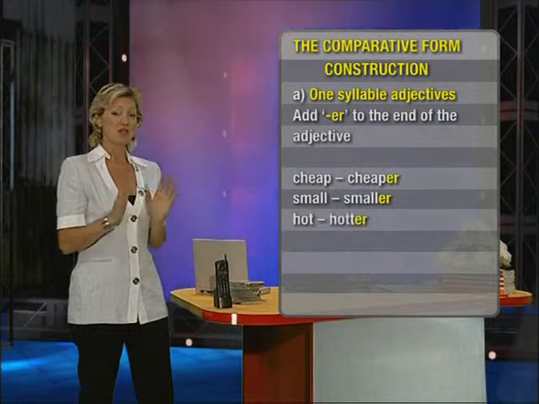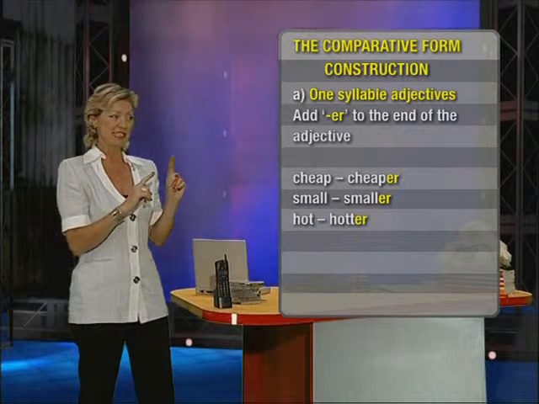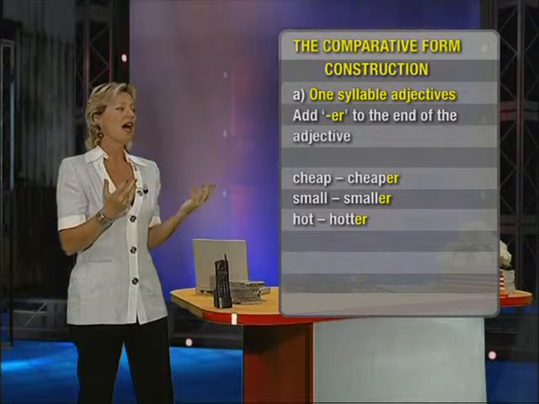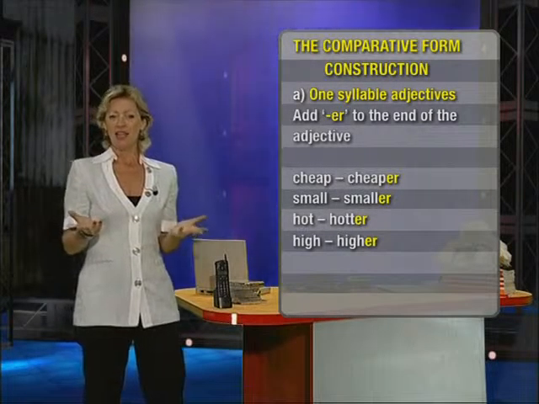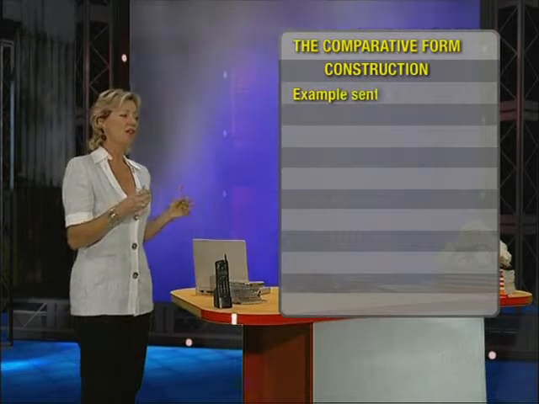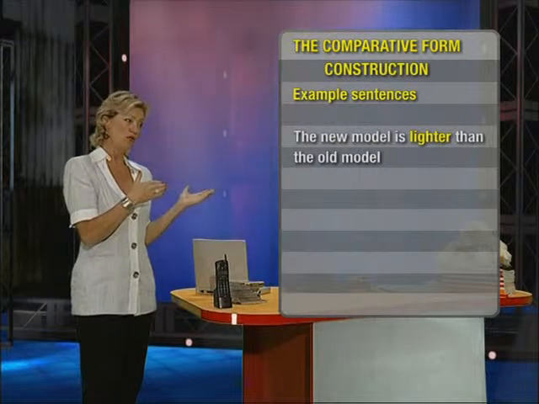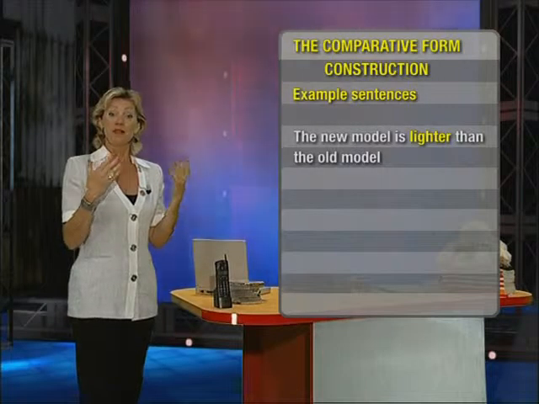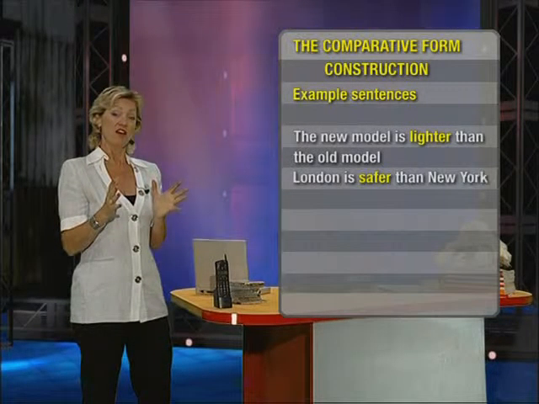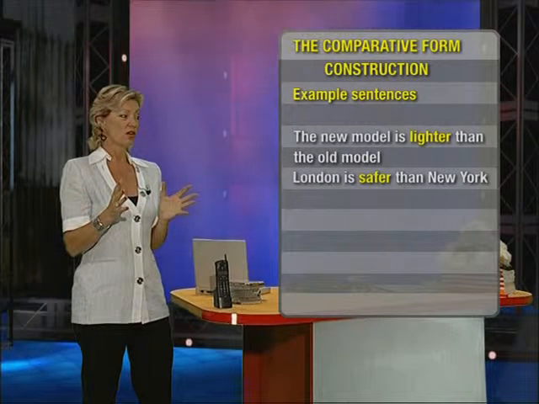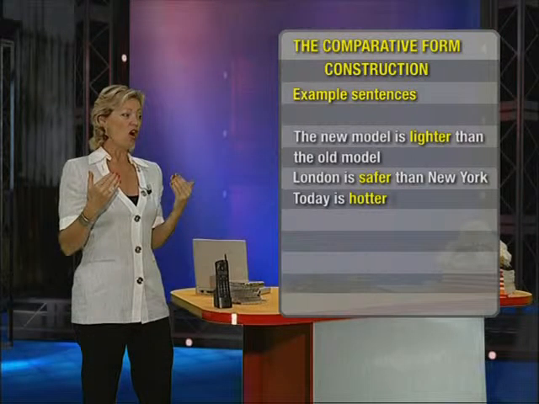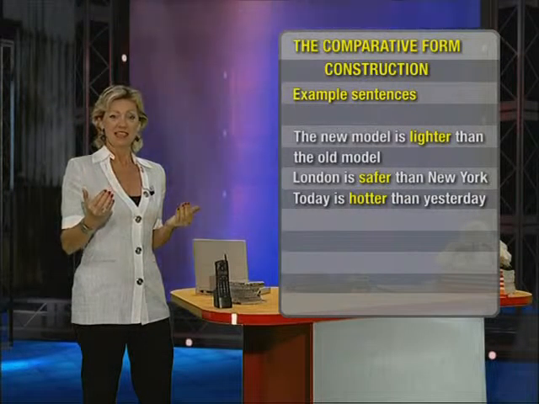Hot becomes hotter. Notice we double the T. High becomes higher. So some examples are the new model is lighter than the old model, or London is safer than New York. Today is hotter than yesterday.